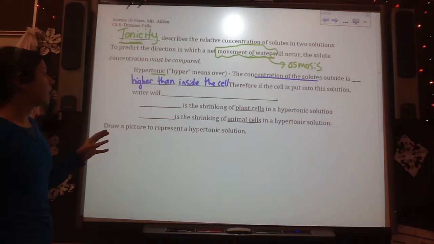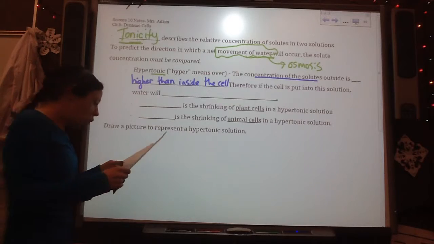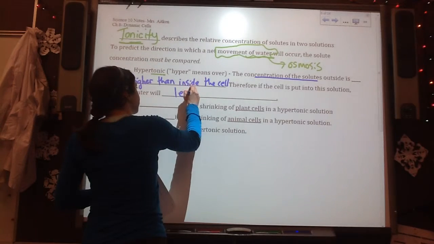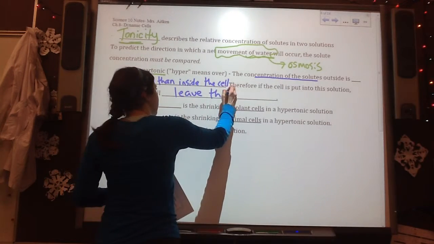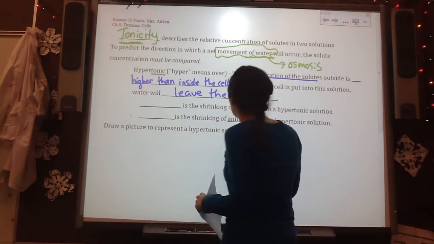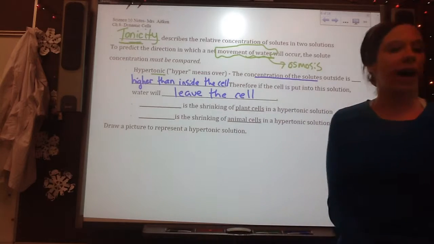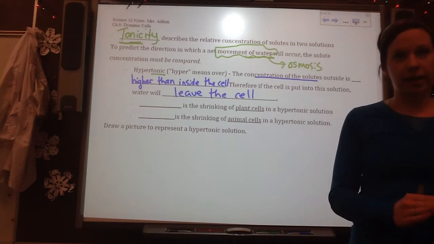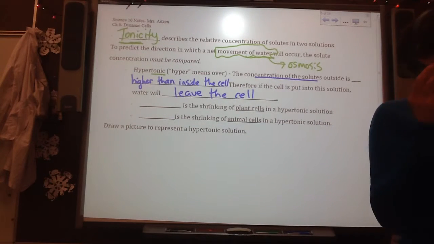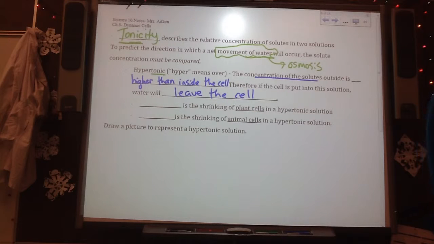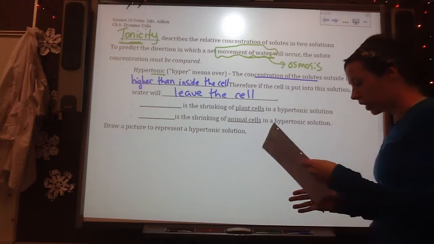So therefore, if the cell is put into this solution, water will leave the cell. Now, this can happen with either animal cells or plant cells. Now there's a very specific term for when this occurs in plant cells or animal cells.